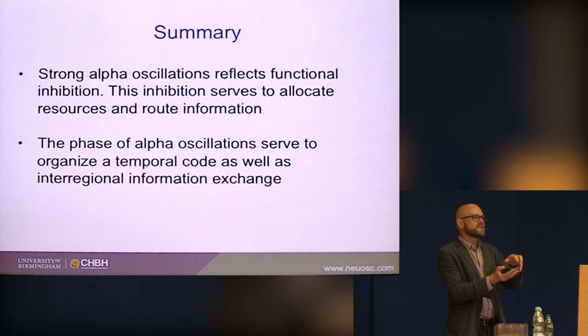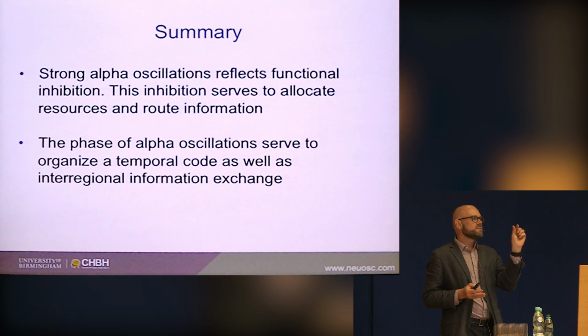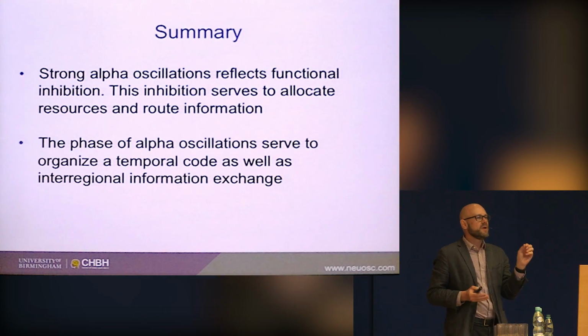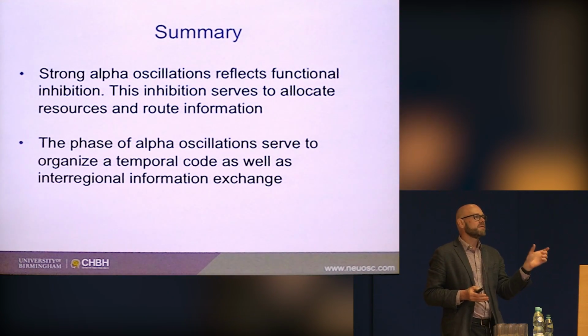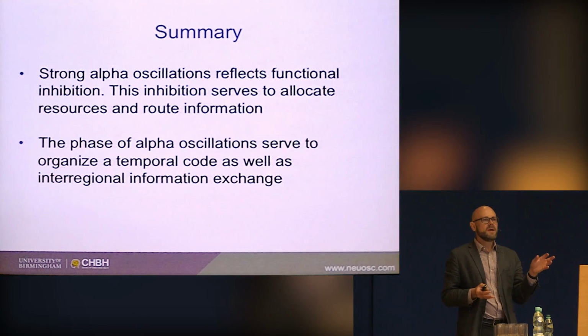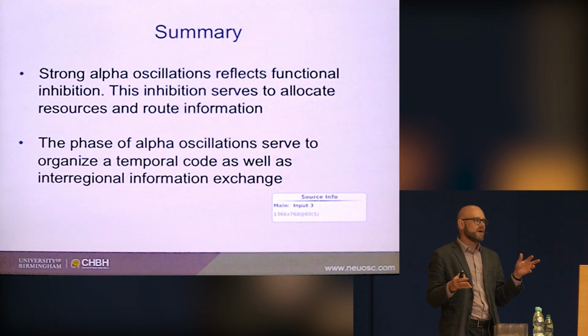We think about very strong alpha oscillations creating small windows of opportunity, but if the alpha activity is diminished, you have a longer duty cycle, longer windows of opportunity where you can have this phase-specific code. And this is the bigger scheme that we are trying to uncover.